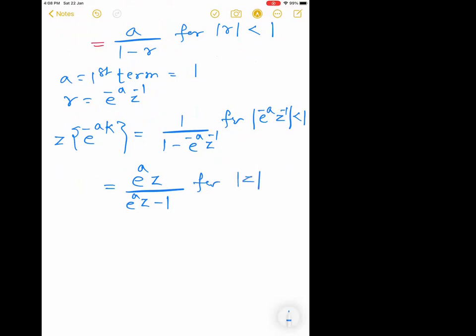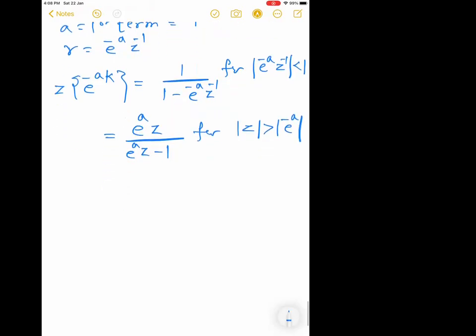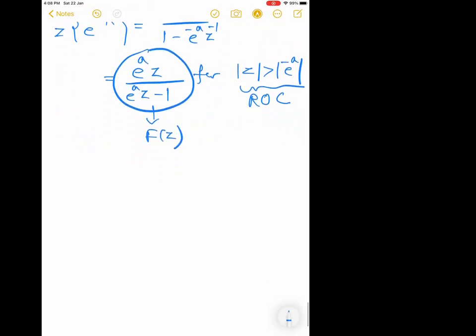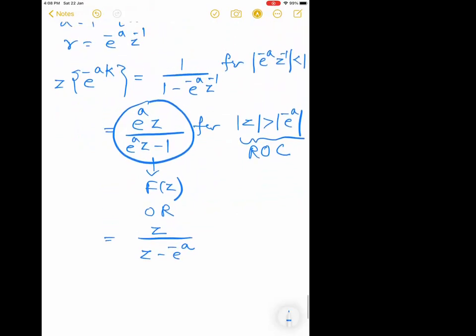So if I take z on the other side, mod z will be greater than mod of e raised to minus a. That becomes our region of convergence. This is the ROC, and this is the value for F of z. Okay, or this also can be written as z upon z minus e raised to minus a. Same thing from here.